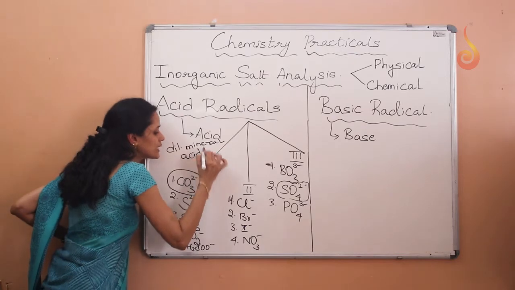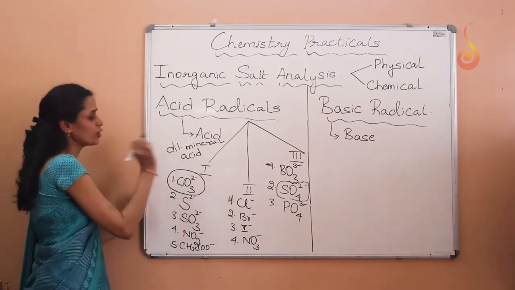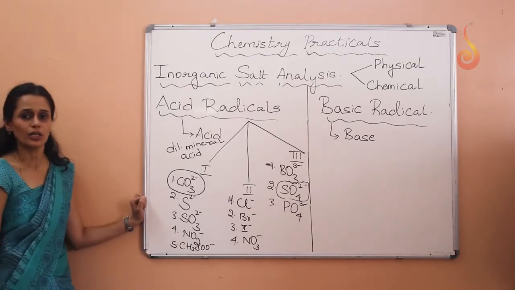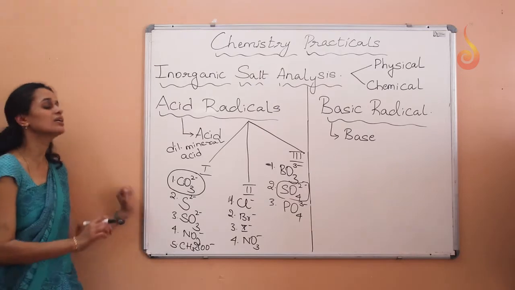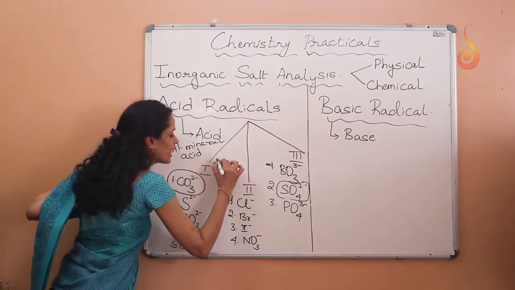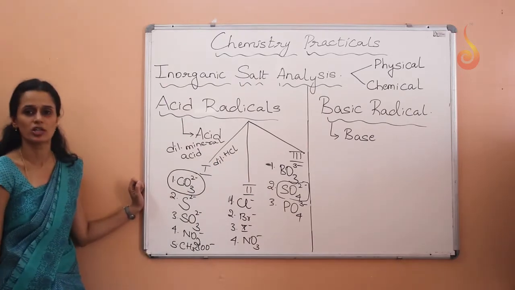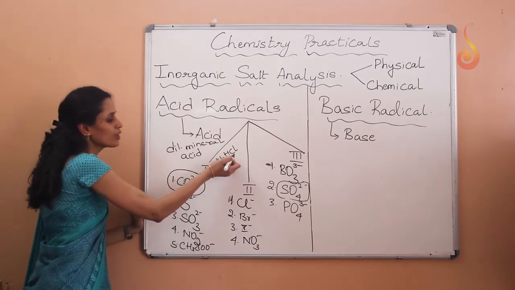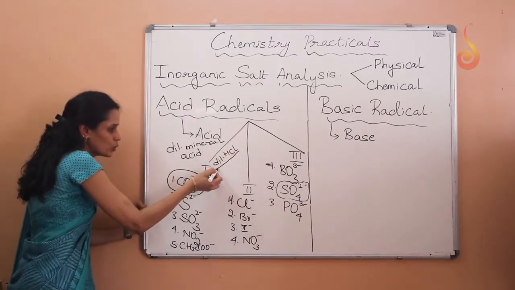In the lab, a dilute mineral acid can be dilute HCl or dilute sulfuric acid. But we always use dilute HCl as a reagent for the first group. So hence, the group reagent of the first group is always dilute HCl.